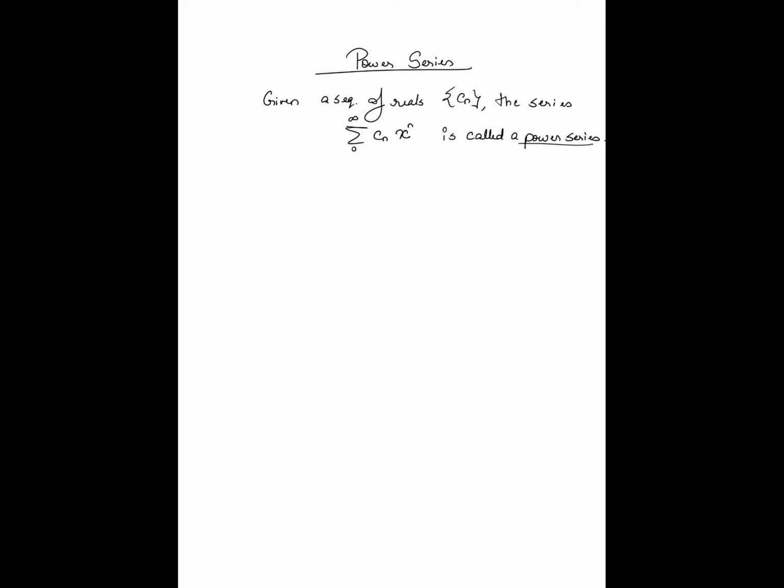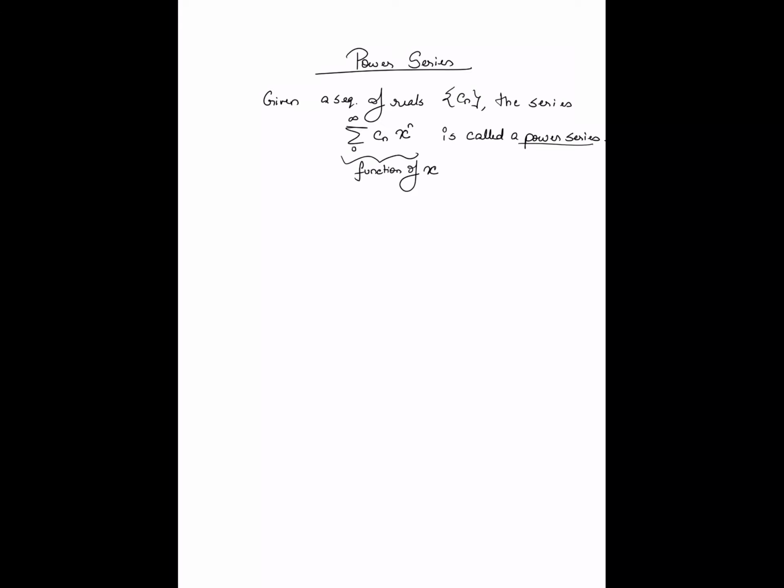So this summation from 0 to infinity Cn x raised to n, which is a series of real numbers for every x, is called a power series. In particular, you should interpret this as a function of x, because Cn is of course a given sequence of reals.